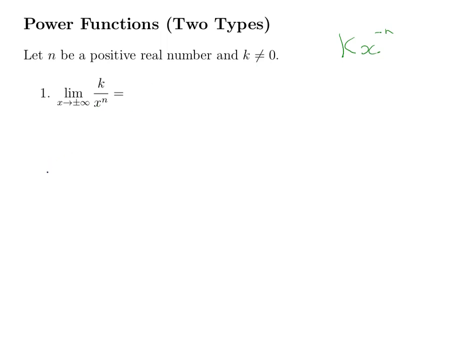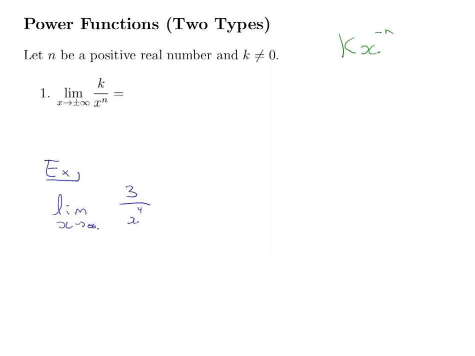Let's take a look at an example of this. Maybe we can look at a couple of examples, and we'll try and build up what's going to happen here. Let's take a look at what happens when we look at the limit as x goes to infinity of 3 over x to the 4. We can just try and guess what's going to happen. Or what you could do is take a look at the picture of the graph.